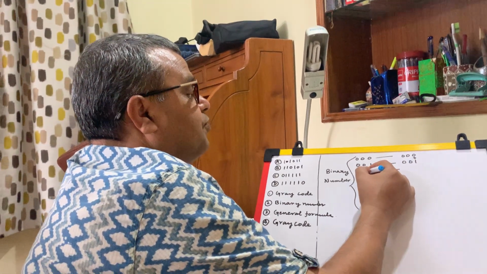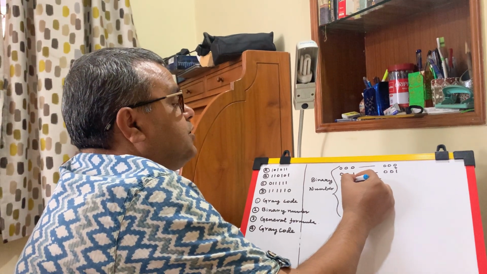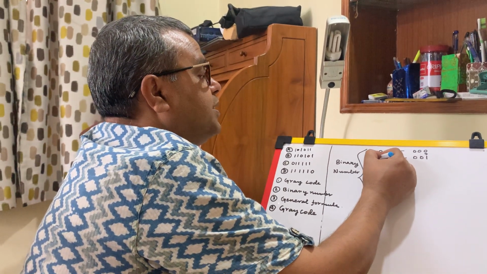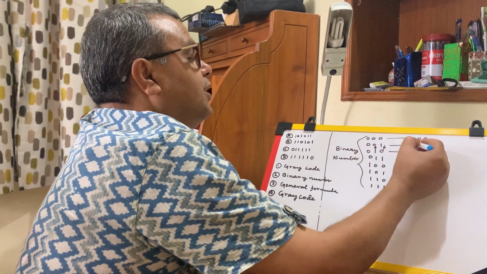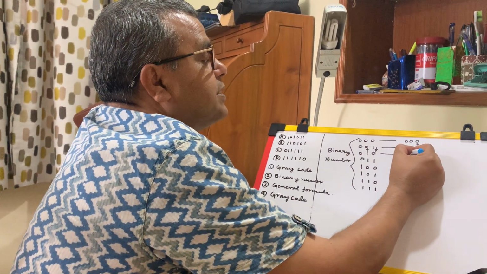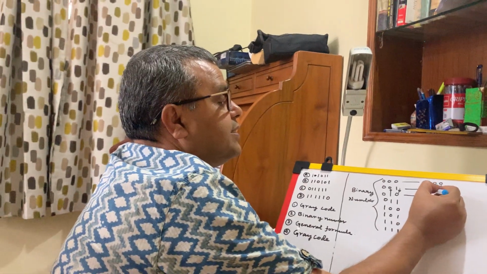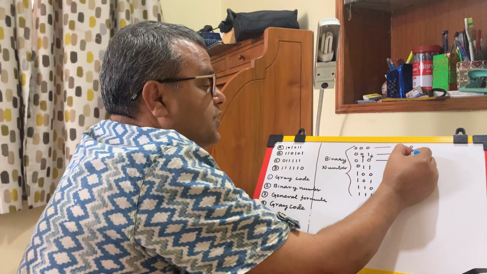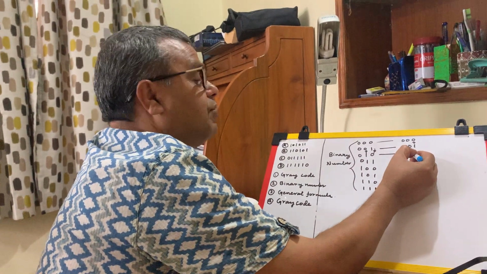Now for 010, we can't take the same 010, because here 2 bits are changing: 1 is becoming 0 and 0 is becoming 1. So in the gray code we keep this 1 as it is and this 0 as it is, but change this 0 to 1. So 010 becomes 011.